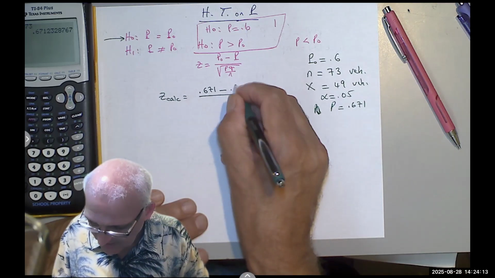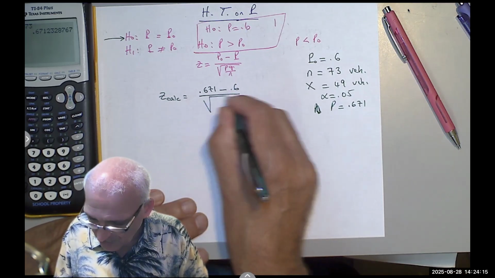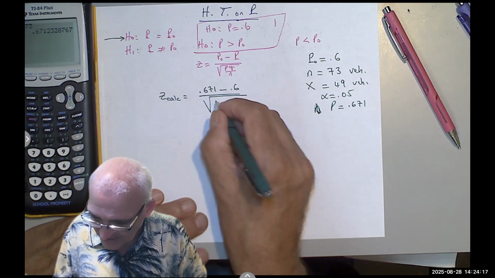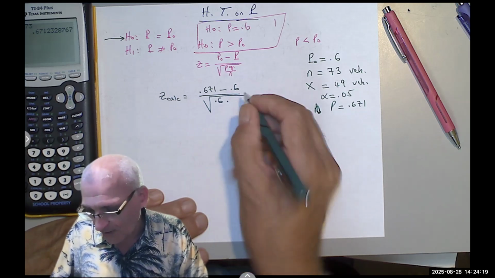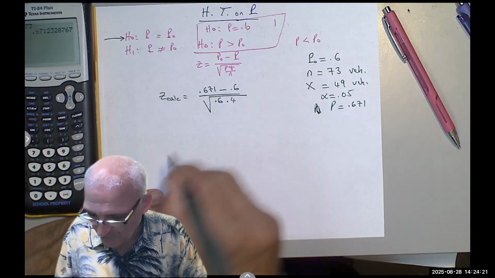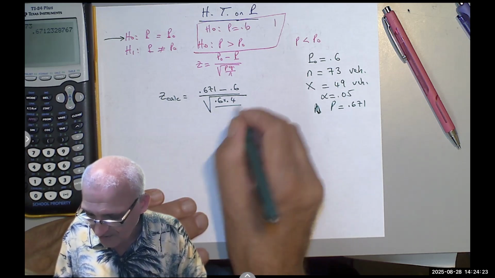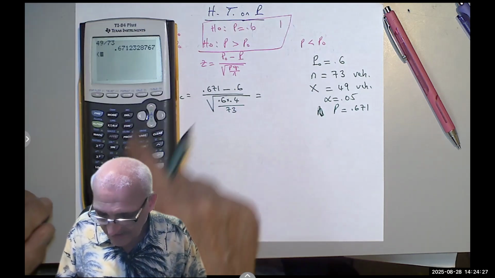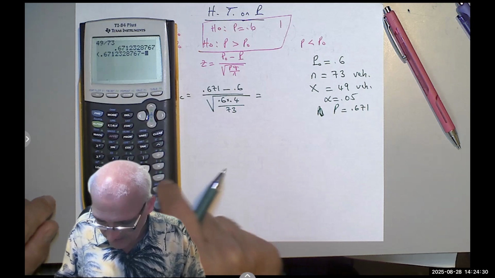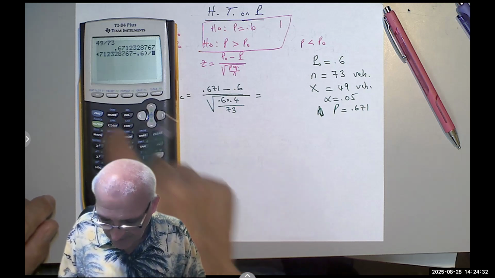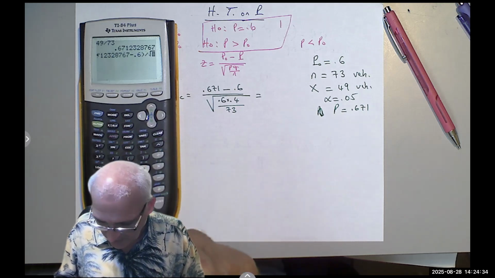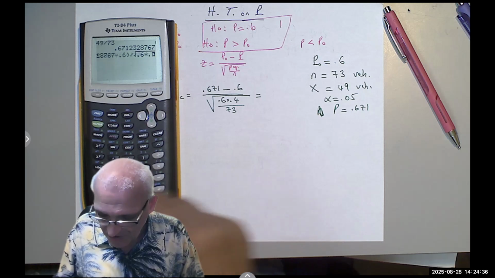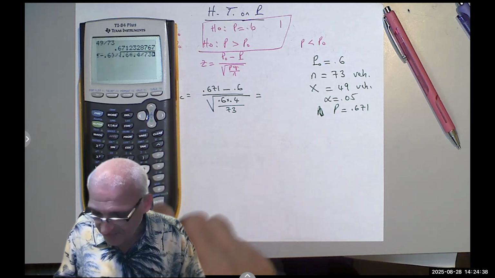So minus 0.6 over the square root of 0.6 times 1 minus 0.6, which is 0.4, over n. So if I take this percent minus 0.6, and then I divide by the square root of 0.6 times 0.4, which is 0.24 over 73.